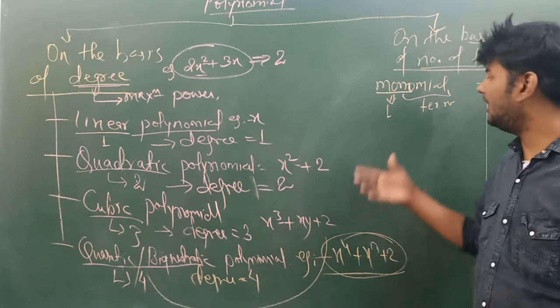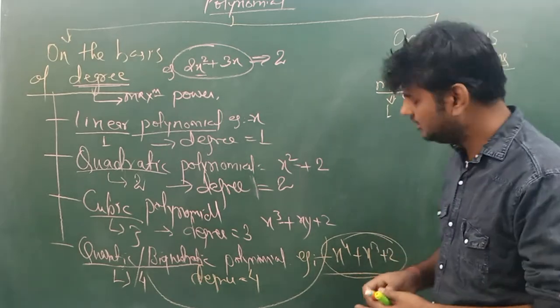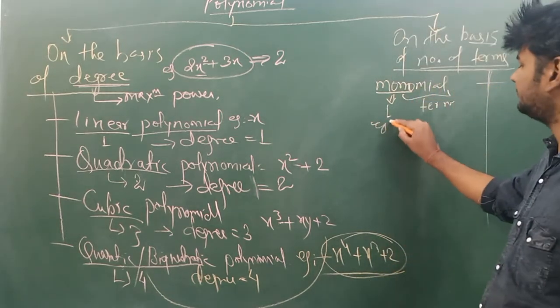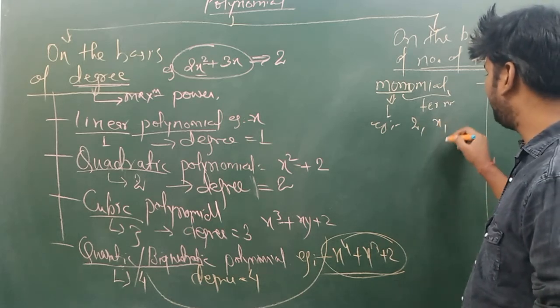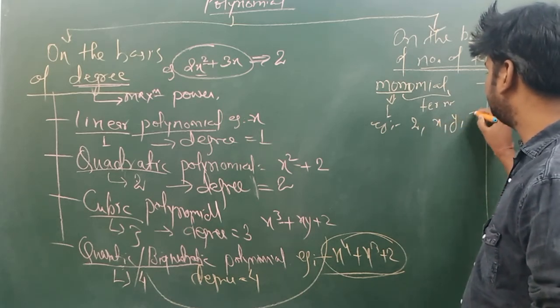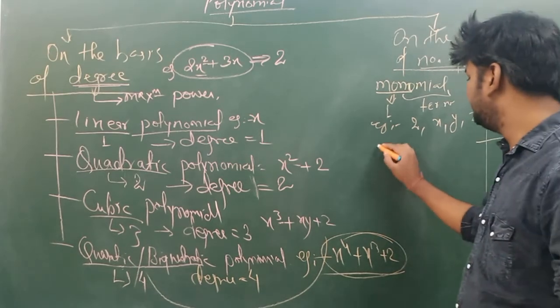So we can say that a polynomial having only one term is termed as a monomial. For example, 2x, y, z, etc.